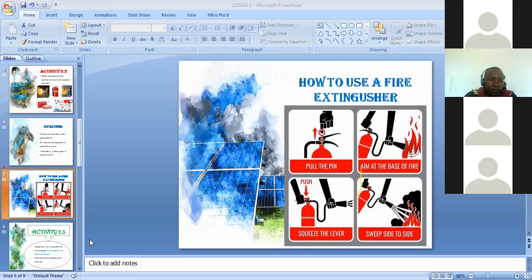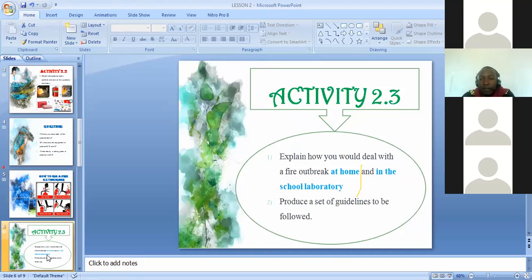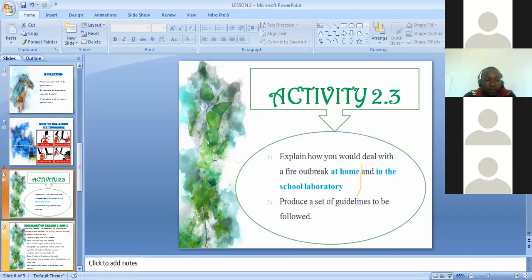Now this takes us to our third activity, the second of the day. We are writing.